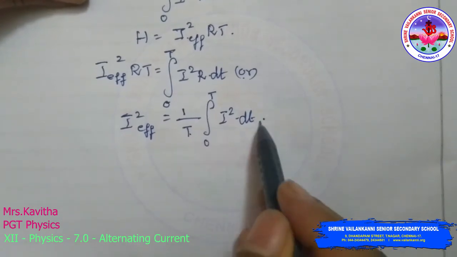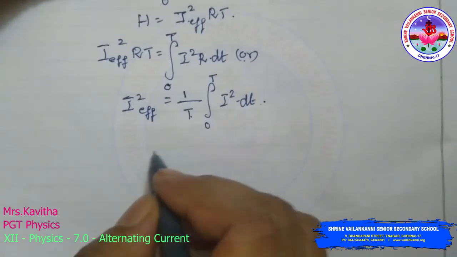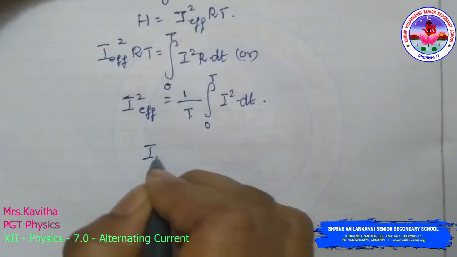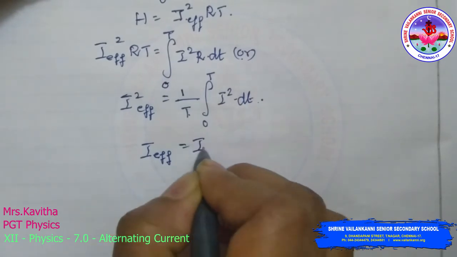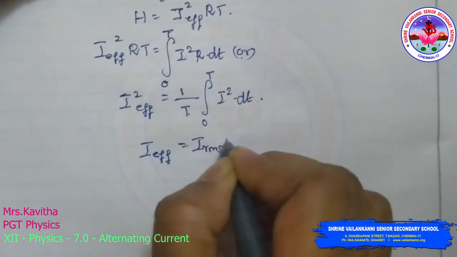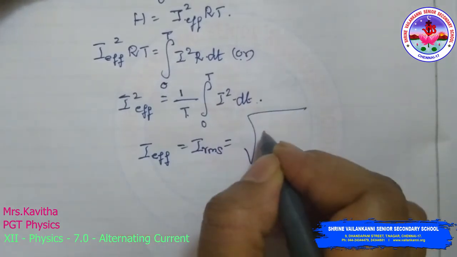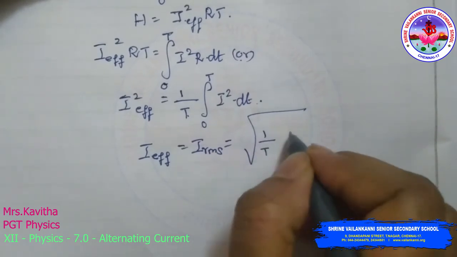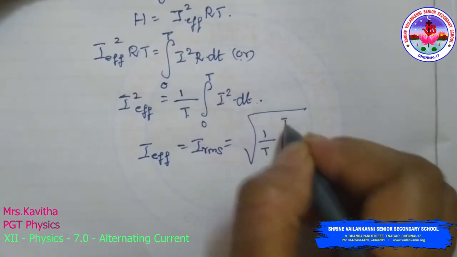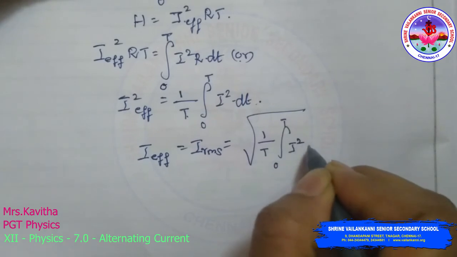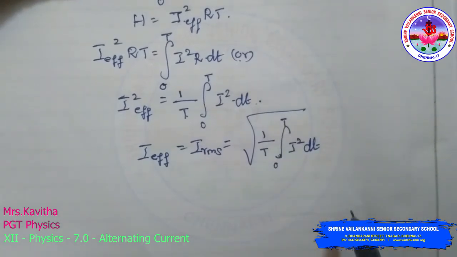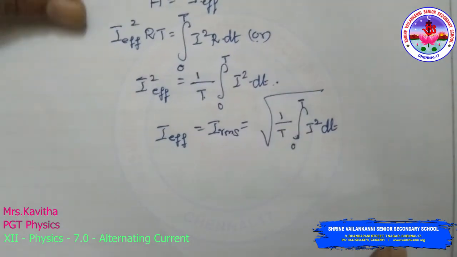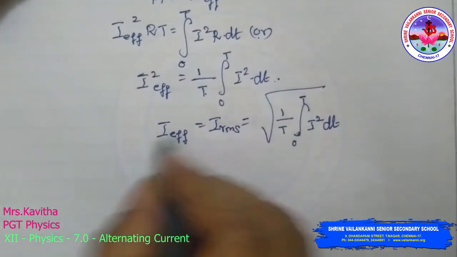So we can write this as the root mean square. I effective, which is equal to IRMS, is equal to the root of 1 by T times the integration from 0 to T of I square dt. Now we'll get the answer for I effective.